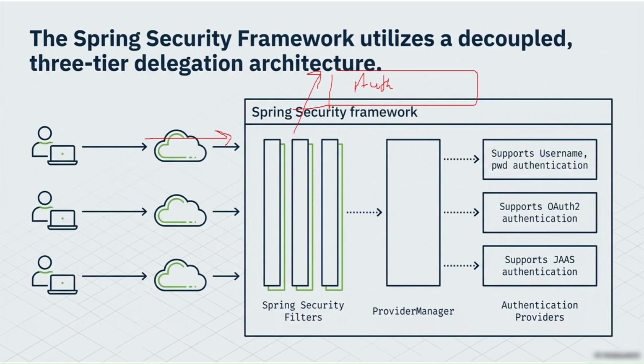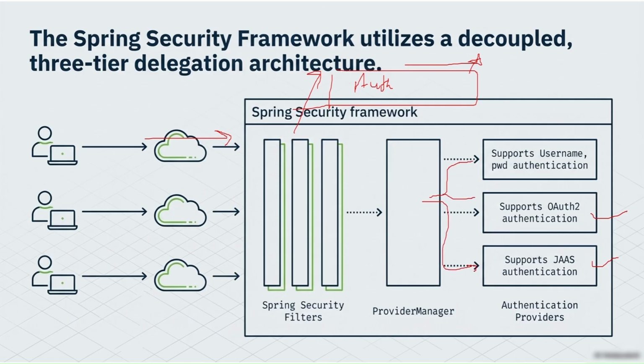The OAuth2 authentication token invokes the OAuth2 provider, and the JAAS authentication token invokes the JAAS provider. So the provider manager inspects the authentication object type and routes it to the correct authentication provider automatically.